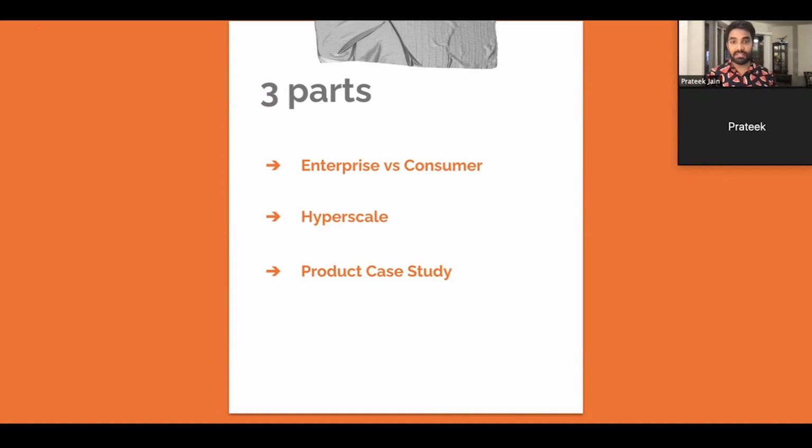Going through hypergrowth has its own unique characteristics, and diving into how to take advantage of those tailwinds is part of section 2. Section 3 is a product case study, a product that I got to ship at Twilio that we'll dive into with some depth. Let's get started.